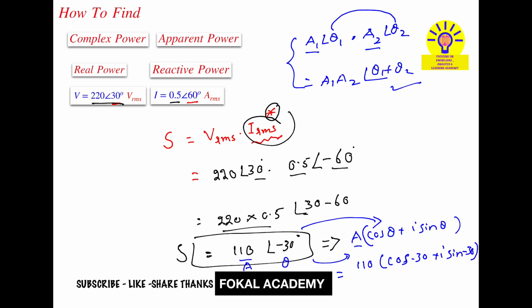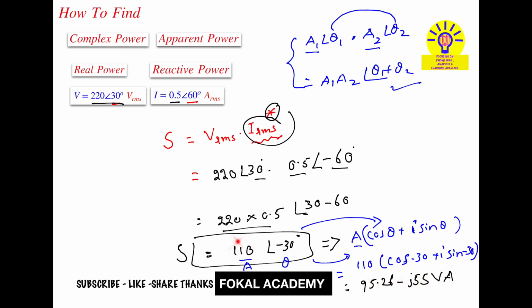In some books in the place of j they represent i. So i or j defines the imaginary part of a complex number. By simplifying this we will get 95.26 minus j55 VA is the units. VA means volt ampere, the units for complex power. So this is the complex power in phasor form and in complex form.